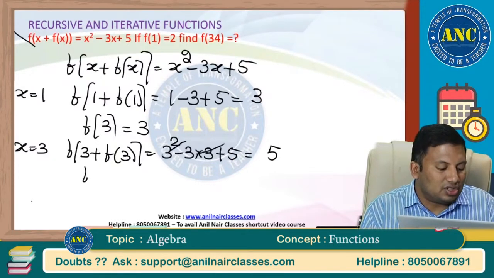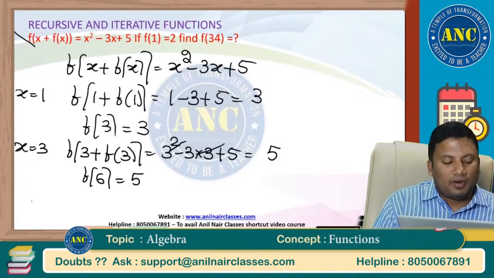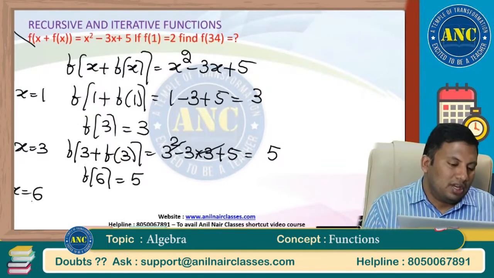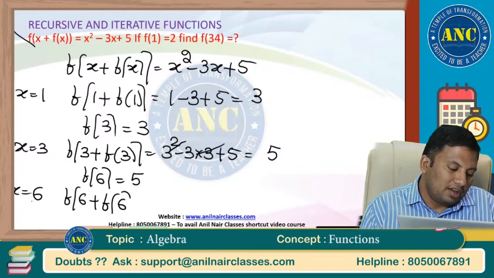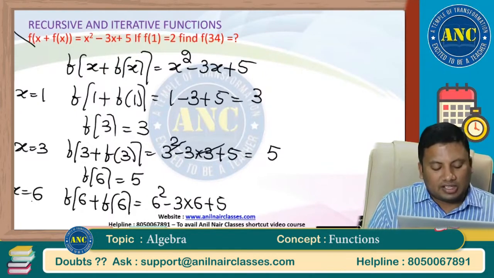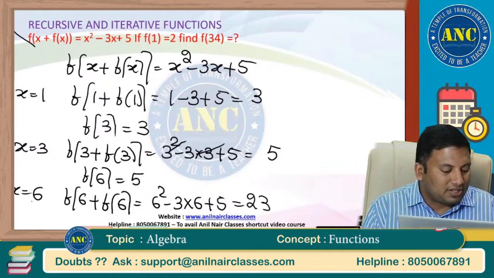f of 3 is 3. 3 plus 3, it is 6. So f of 6 value is 5. Then again take the output becomes the input. X is 6. f of 6 plus f of 6 equivalent to 6 square minus 3 into 6 plus 5. 36 minus 18. 18 plus 5. 23. f of 6 is 5.